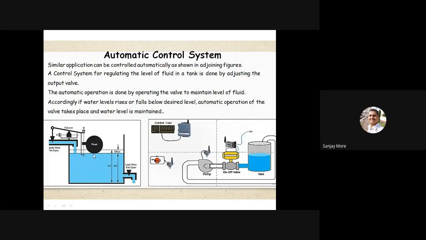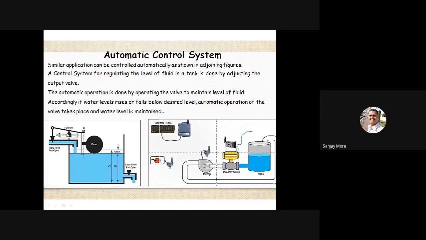Okay, this is the automatic control system, meaning a control system for regulating the level of a fluid tank is done by adjusting the output valve, and the automatic operation is done by operating the valve to maintain the level of fluid. Here the float is floating on the water level, and when the water level reaches the maximum height, the float goes upward. The float is connected to the fulcrum pin, and the fulcrum pin is connected to the water supply pipeline.